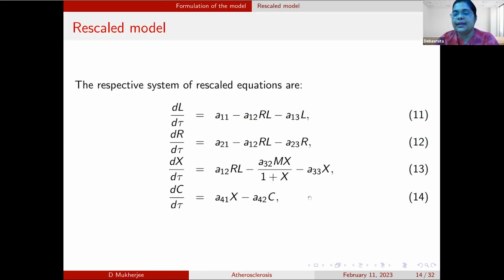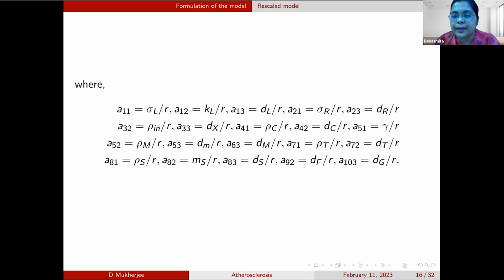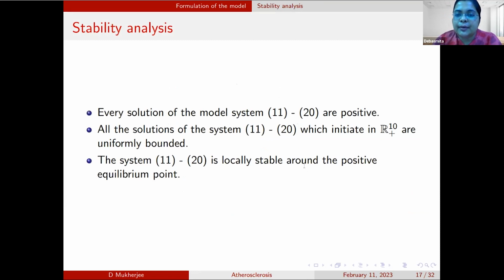Now, as there are 10 equations, there are a good number of parameters involved in the model, so we first non-dimensionalized the model, and this is how we have non-dimensionalized it.